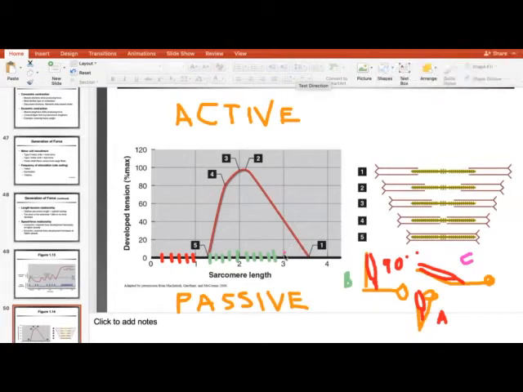And C is when my muscle length is going to be in this situation here. And maybe I'll also say that C, elongated, is like this. This is C, and this is A down here.